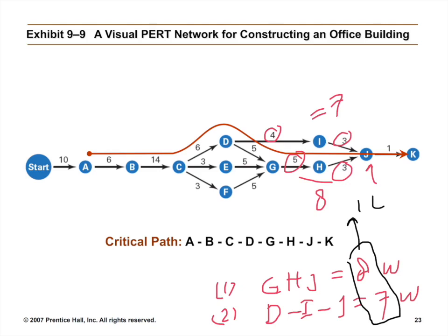So we have 1 week of lag time. That is the meaning of lag time, because the part of activity G, I, J will wait for activity G, H, J to be completed before doing activity K. So the activity D, I, J has 1 week lag time.